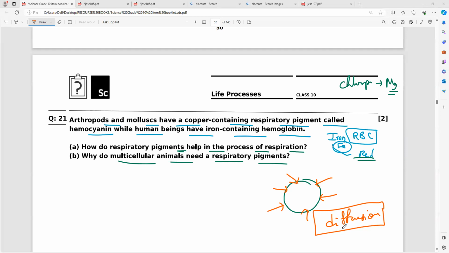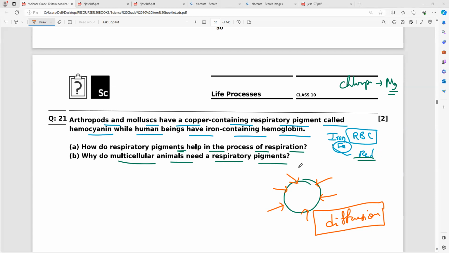So why do multicellular animals need separate organs? Because we need more supply of oxygen, as a lot of energy needs to be released by the body to maintain all the metabolic processes. Why do multicellular animals need respiratory pigments?